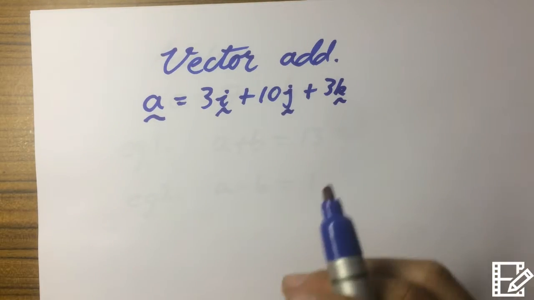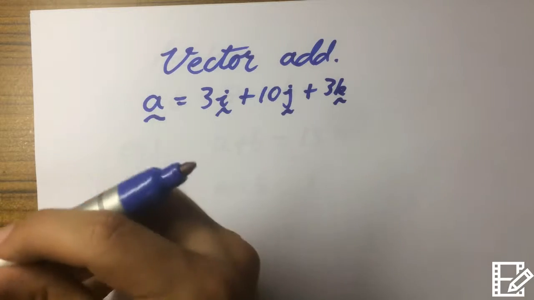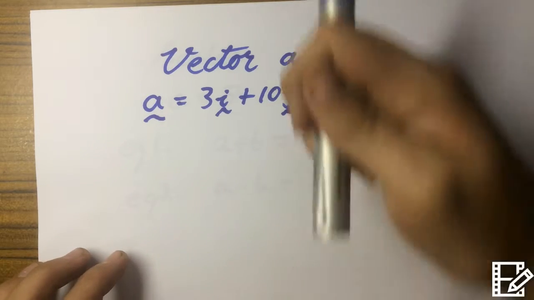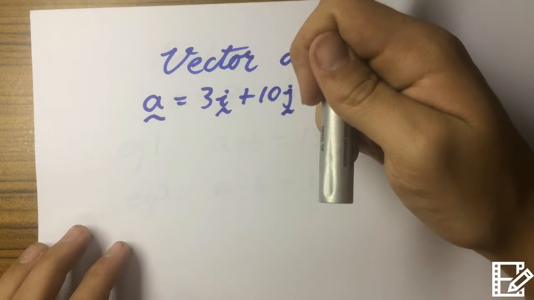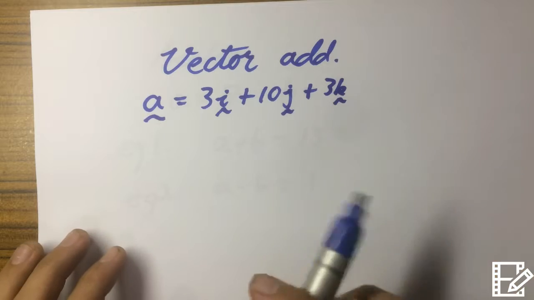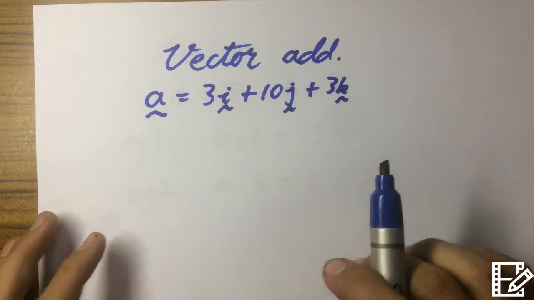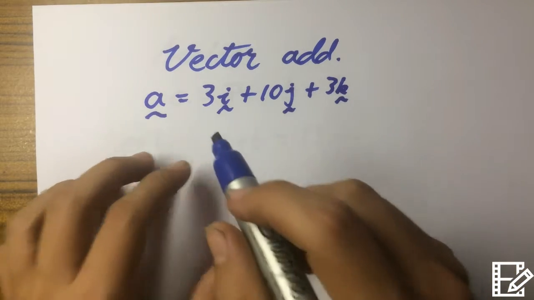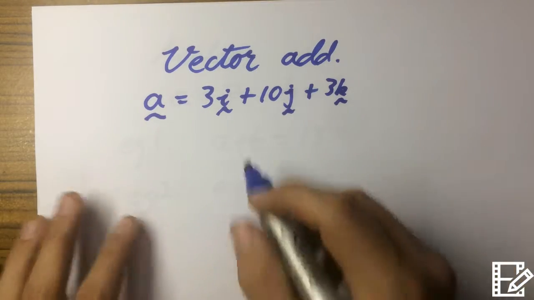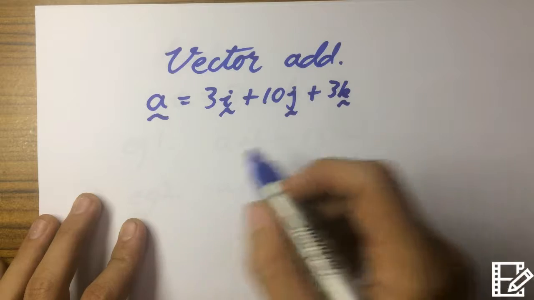It's going forward 3 in the positive i direction, 10 in the positive j direction, and up 3 in the positive k direction. In vectors we replace x, y, and z with i, j, and k. These are the components that make up this vector.